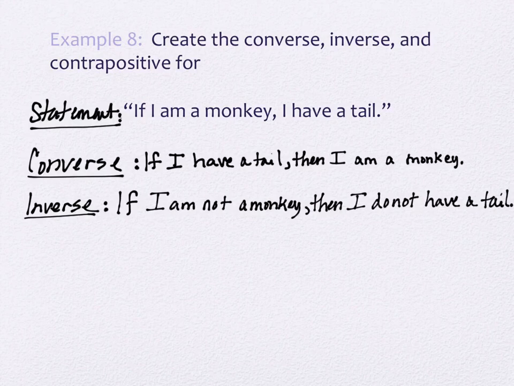And our last statement, the contrapositive, reverses the order, not the if-thens, the order, and it negates at the same time. So if is the beginning. Originally monkey was the beginning, so now I need the tail part at the beginning. What does it say?